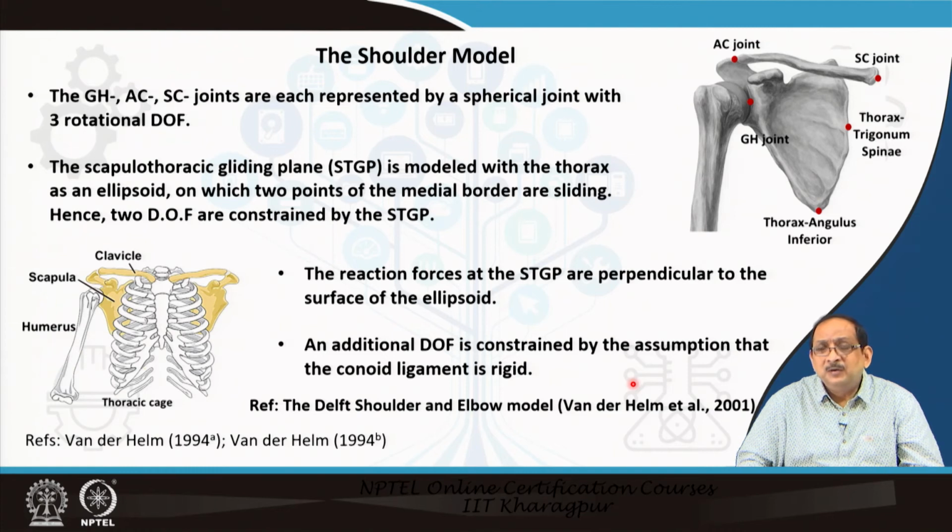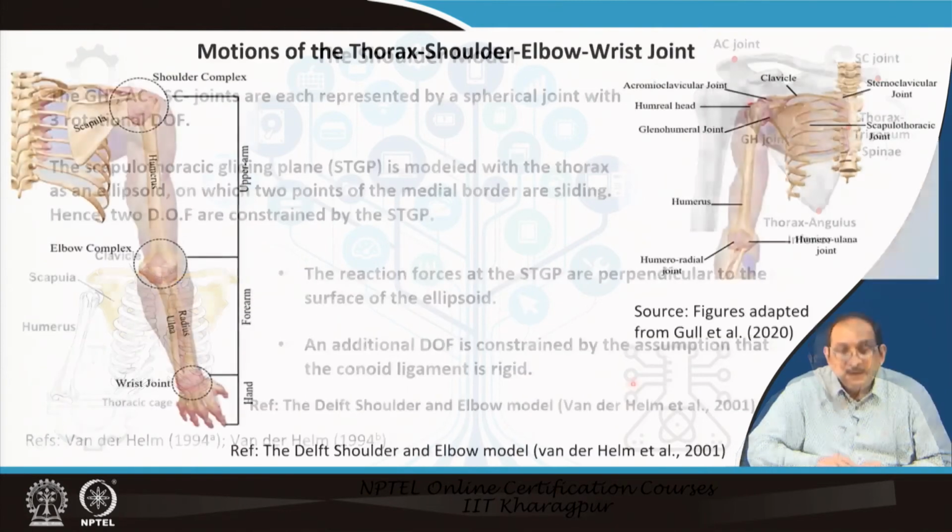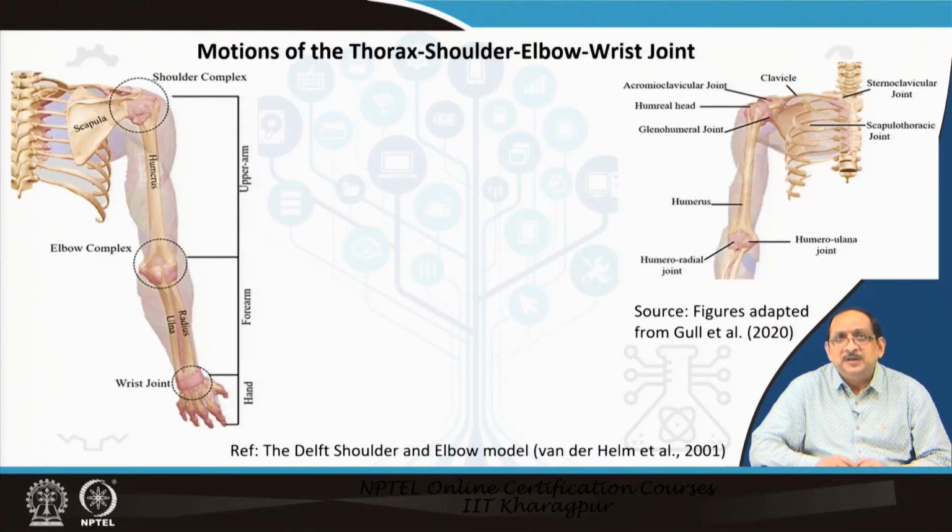This model was proposed by the Delft shoulder group, and it is popularly known as the Delft shoulder and elbow model. The motions of the upper extremity containing thorax, shoulder, elbow and wrist joint may be summarized as follows.